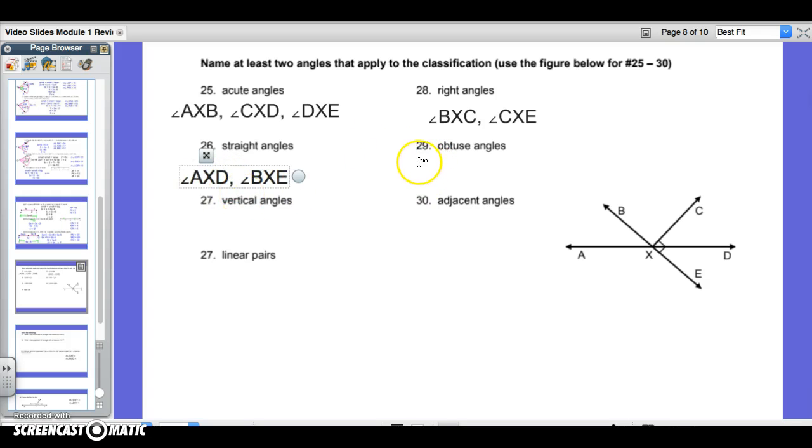Okay, obtuse angles. There's a couple of those too. We have angle AXE is obtuse, and we have angle BXD is another option. So BXD, this angle right there, and AXE, that angle right there, are both obtuse.